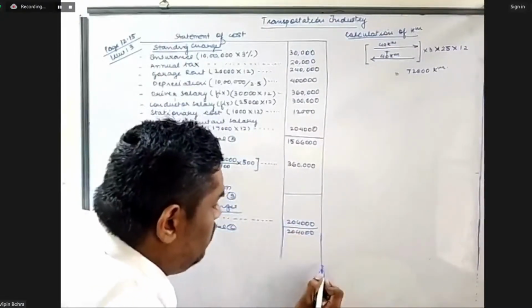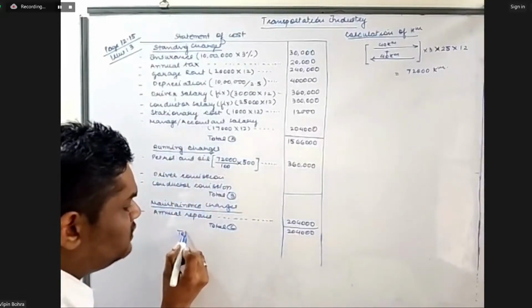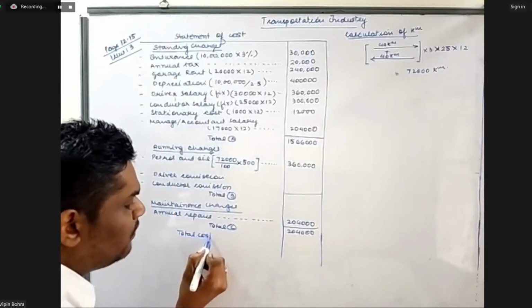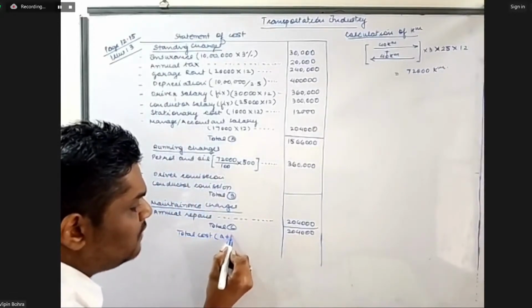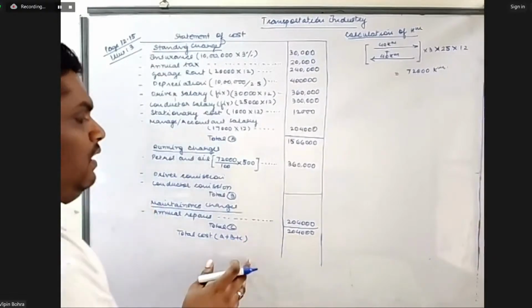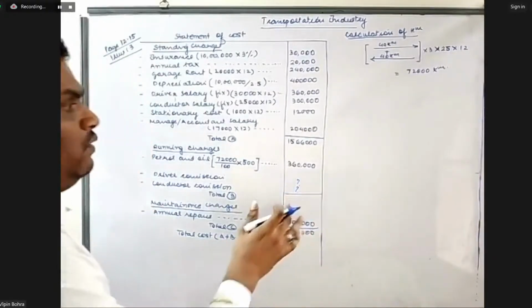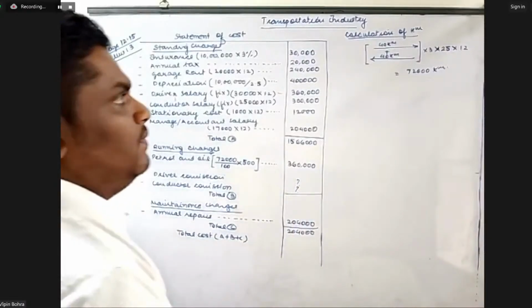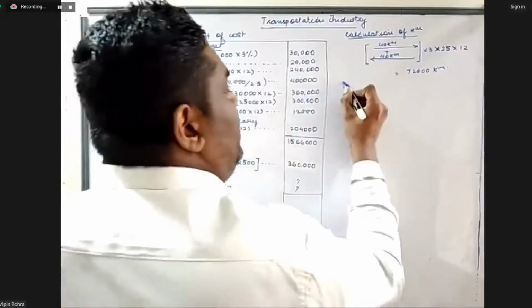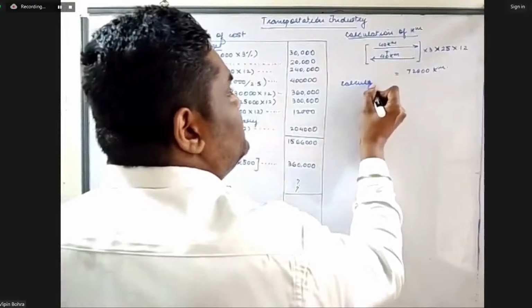This is how we'll get the total cost, that is total cost A plus B plus C. Now these 2 figures are missing, that we need to calculate the total cost. However, in the question the information is given.